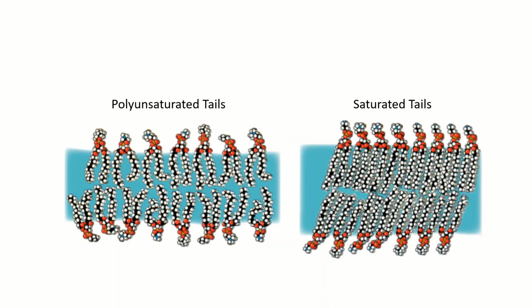The consequence is that the cell membrane they comprise will be more fluid, as opposed to a cell membrane that only contains saturated phospholipids and sphingolipids, as shown here on the right, where the cell membrane becomes more or less flowy, or more viscous, shall we say, less dynamic.